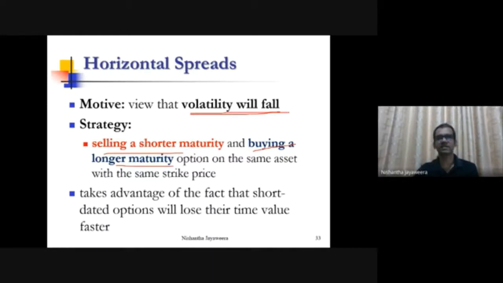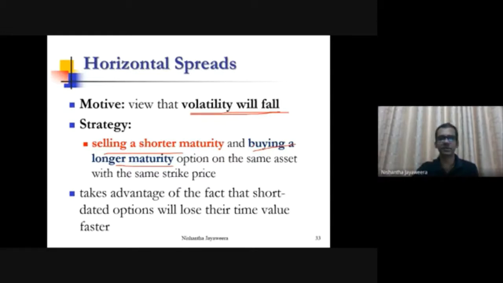On the other hand, if we expect volatility to go up, then we expect shorter maturity premiums to go up than the longer maturity options. So we buy the short end and sell the long end. That basically that's it. You decide to buy a long end or a short end and do the opposite in the other end, depending on your expectation.